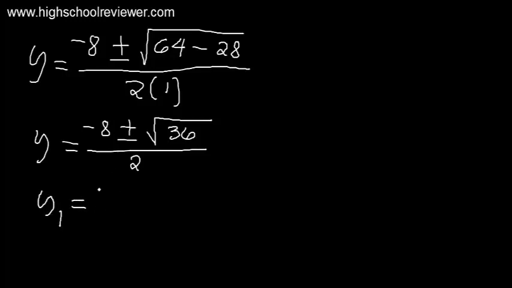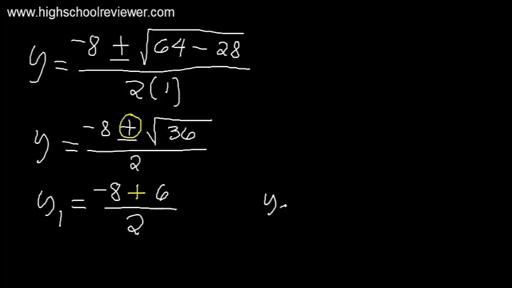So our y sub 1 will be negative 8, and then we are going to use the addition first. So addition, that is plus. Okay, so plus the square root of 36 is 6, and divide this by 2.